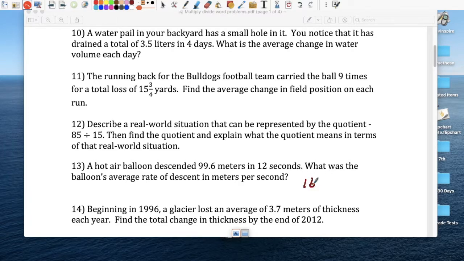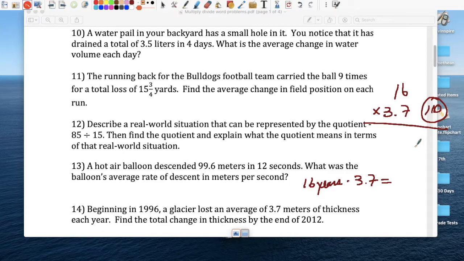So 16 years times the average meters of thickness that disappears. Every year, 3.7 meters of thickness of that glacier melts away. So 16 times 3.7, it's not a tough problem. I like to know that there's only one number after the decimal place in both factors being multiplied, so I know my answer will have one decimal place as well. 7 times 6 is 42, carry 4, 3 times 6 is 18, 22, carry 2, 3 times 6 is 18, carry 1, 4.